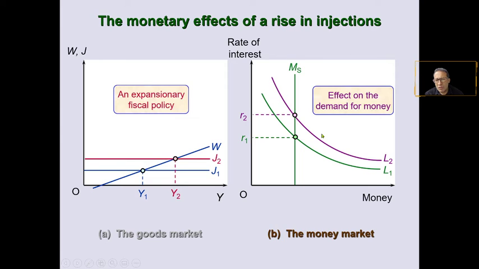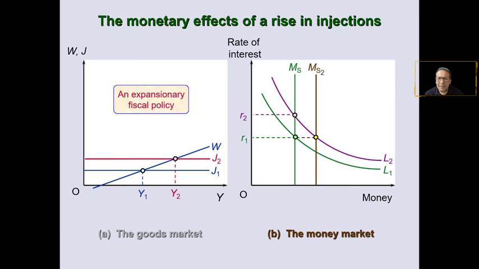As a result of this expansionary fiscal policy, you can see in panel B the money market, with money supply MS and money demand L. These two lines are money demand, or the liquidity preference, as it is also called. We have an increment in the interest rate, and that is the effect on the money market.